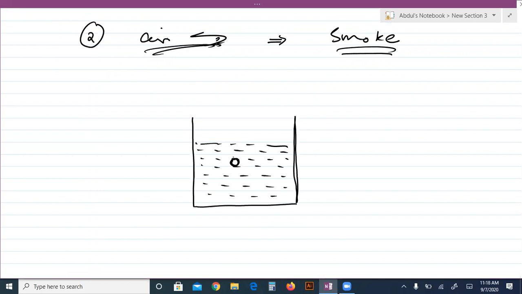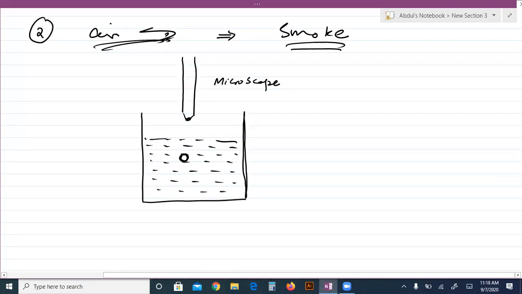So when the water becomes stationary, meaning stable, we will observe the movement of this pollen grain with the help of the microscope. Under the microscope, this pollen grain is moving like this. Random motion.